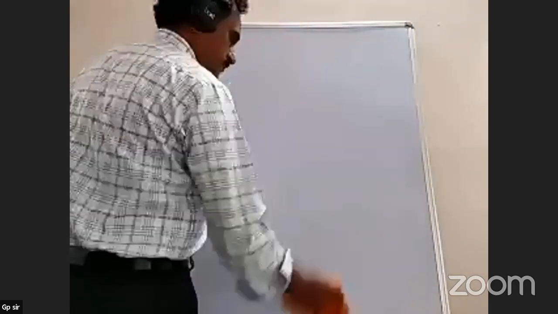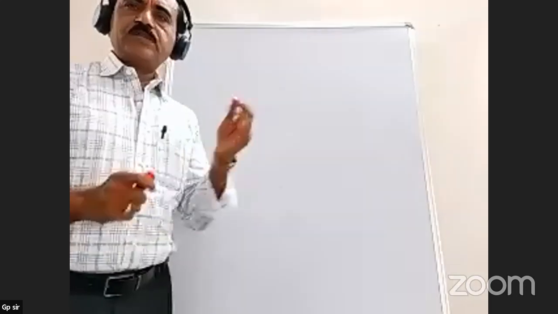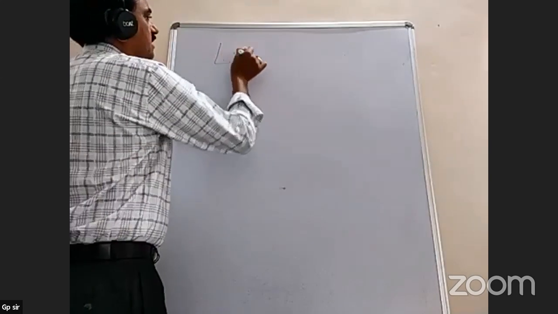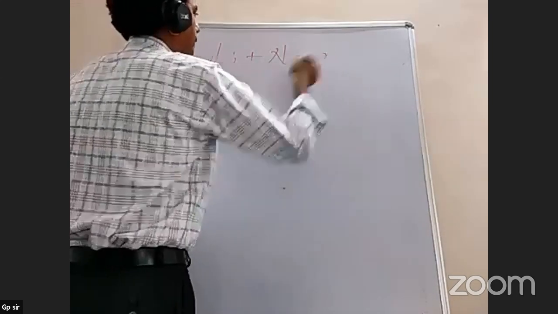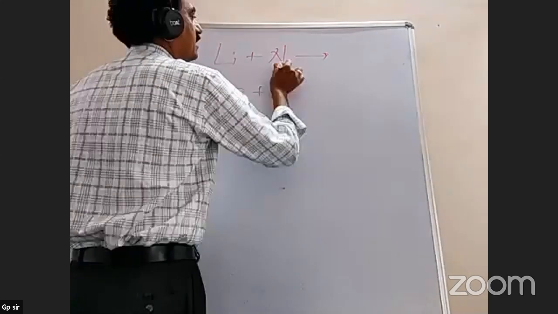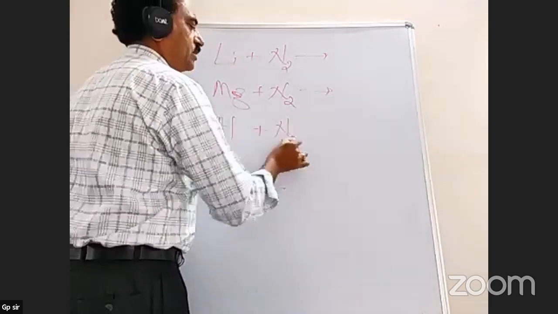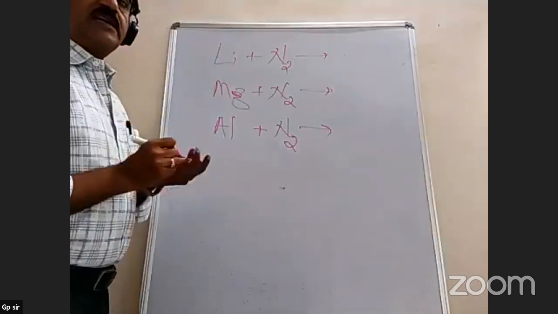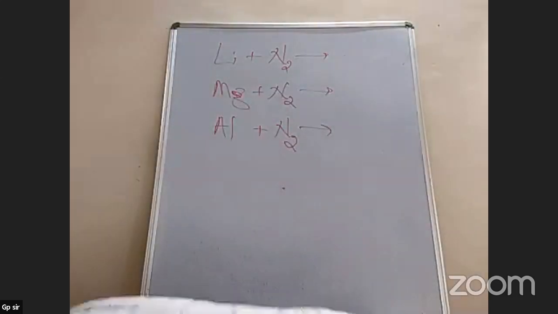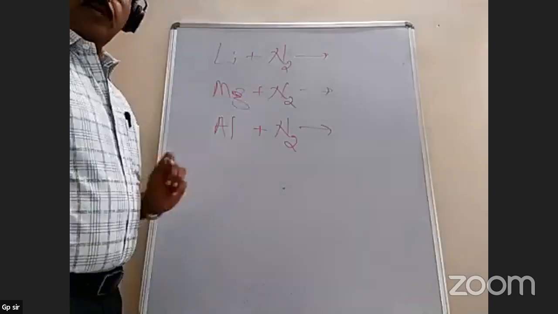Nitrogen can react with metals at high temperature to form the respective nitrides. For example, nitrogen reacts with lithium, magnesium, and aluminum to form the respective nitrides. Nitrides, just like oxides, are the binary compounds of any element with nitrogen.